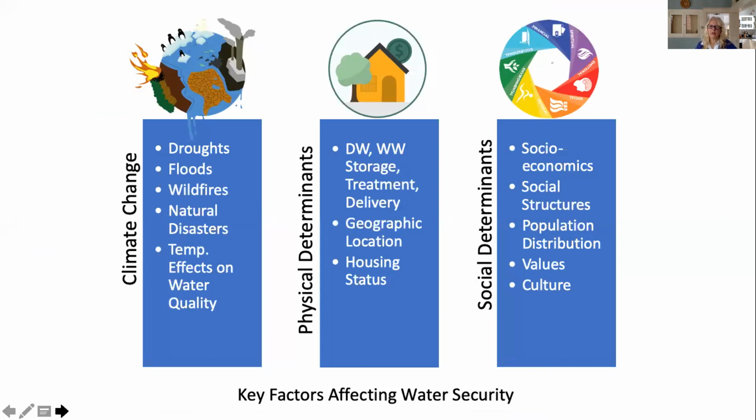We have physical determinants such as geographic location, housing status, as well as the delivery and storage of our drinking water, and our wastewater systems. Social determinants include socioeconomics, social structures, population distribution, and also values and culture.